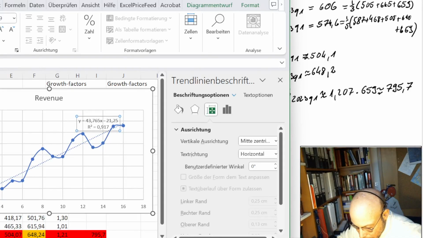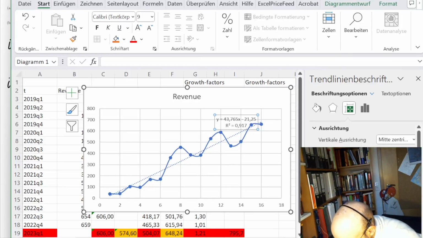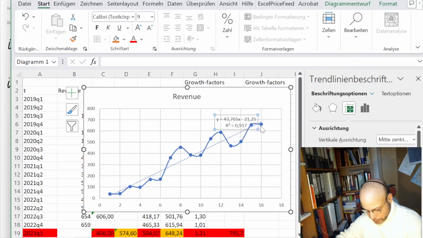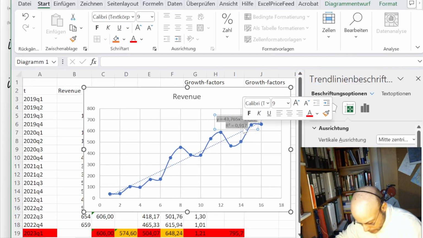And this we want to put in, and then you see here your linear regression line. And using this, we have for the linear regression 3.75 minus 21.25, and let's take these numbers.